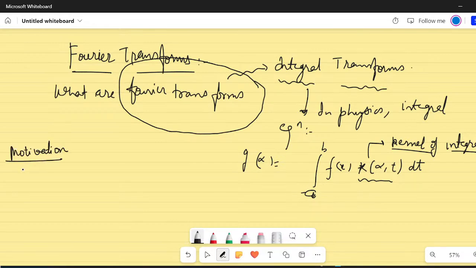The motivation is that at times it may happen that solving an equation in f(t), in t space, is difficult.